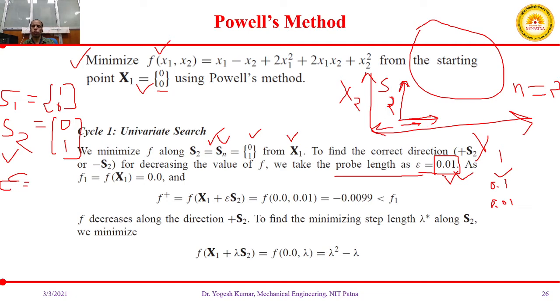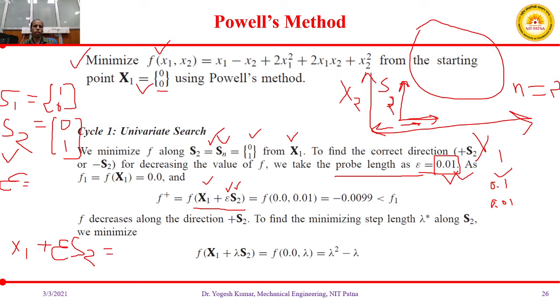If you want to give an increment in the positive direction, you get x1 plus probe length multiplied by your search direction, that is x1 plus epsilon S2.